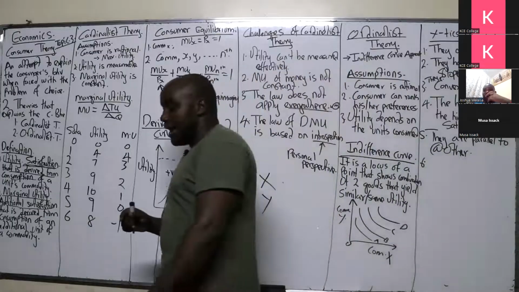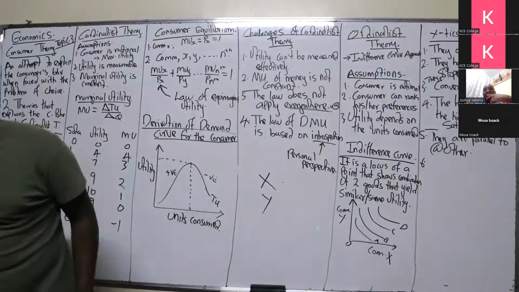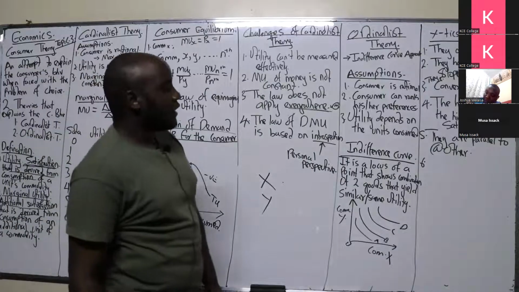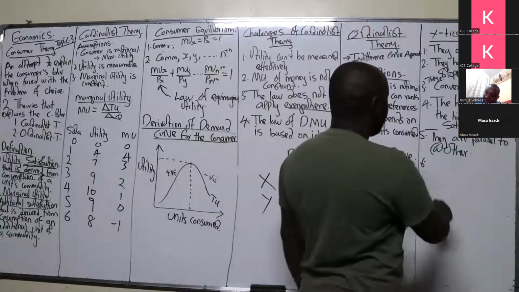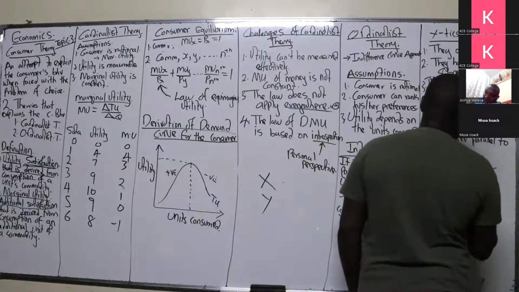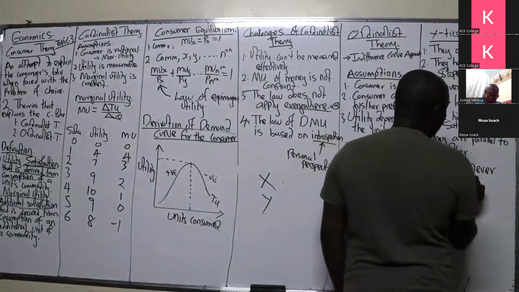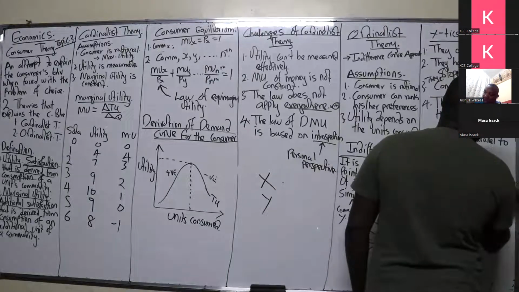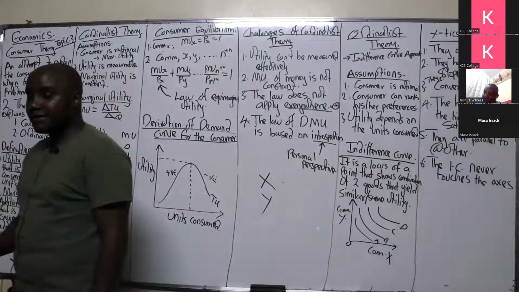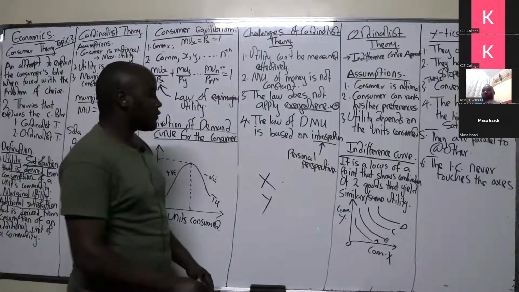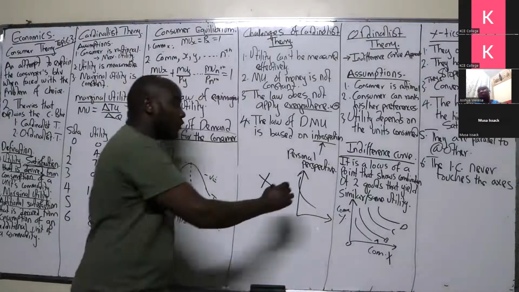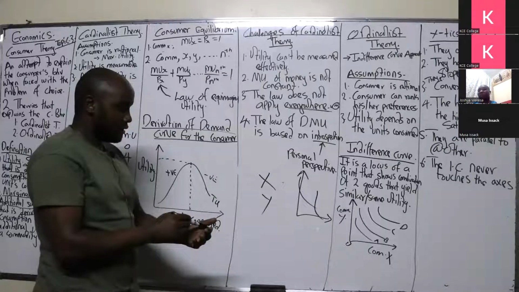And last, the indifference curve never touches the axis, be it the x-axis or the y-axis. So there is nothing like that which you can call an indifference curve. Are you together?